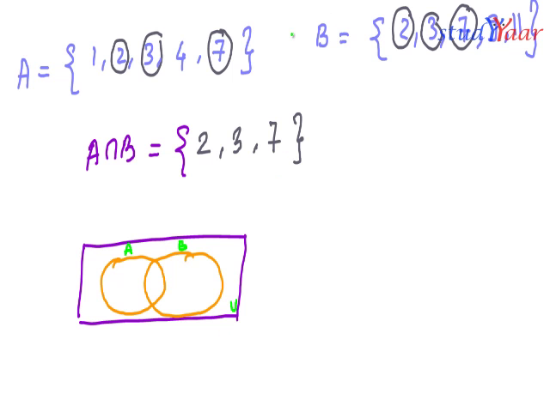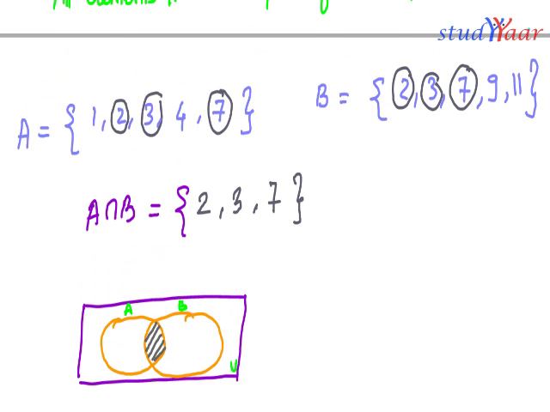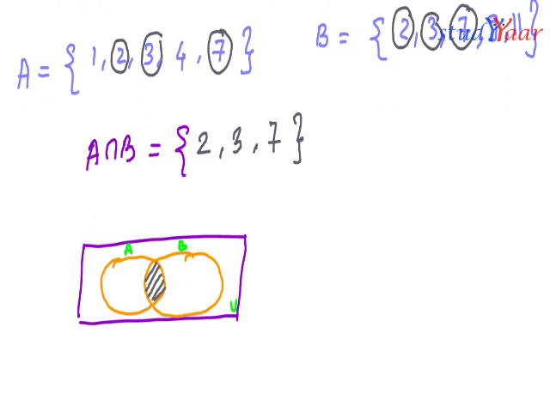Then the intersection of A and B is this particular region, because this region is contained in A and this region is contained in B as well. Therefore, this region represents all the elements which are contained in both A and B. So this is the Venn diagram representation of intersection, A intersection B, represented in this shaded region.